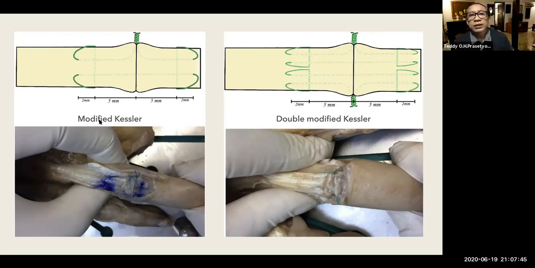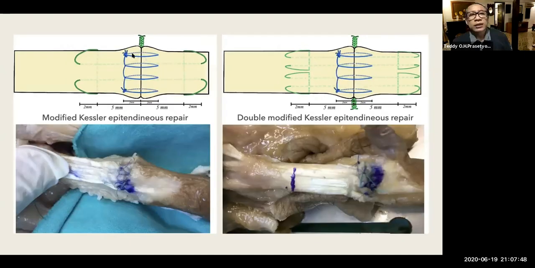That one is the modified Kessler with the epitendinous repair, as I described. This is mostly what we do for flexor tendon, and we can also apply this technique at zone 6 or proximal. But for zone 3, the authors also applied this modified Kessler with epitendinous repair. Of course, I do not think they would use 3.0, rather they would use 4.0.